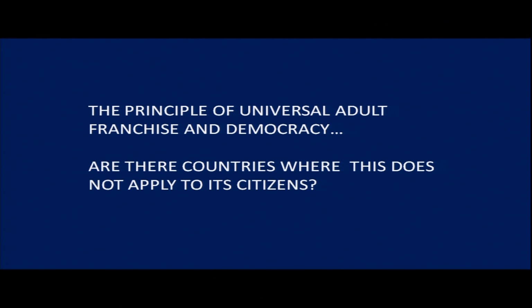So, universal adult franchise meant giving voting rights to all. This is a very important principle of democracy because it is based on political equality. But in today's world, are there still countries where this is not practiced, where this does not apply to the citizens?